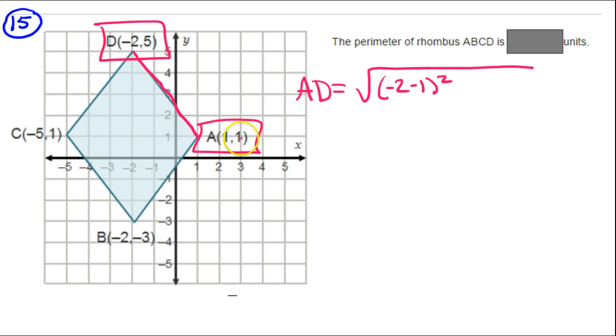And now I'm doing y minus y. So I'm doing 5 minus 1 squared. Okay, that should give me the length of AD, which, because it's a rhombus, all 4 sides are congruent. They'll all be the same.